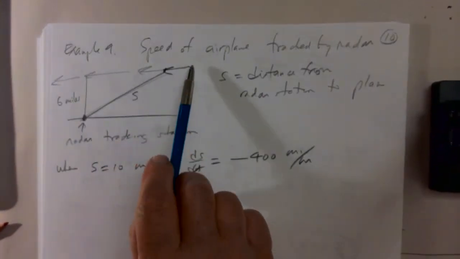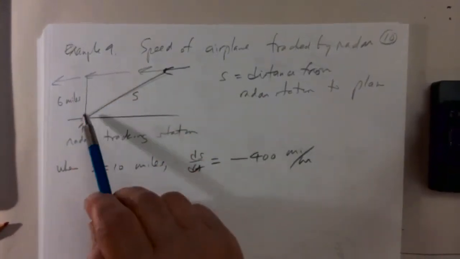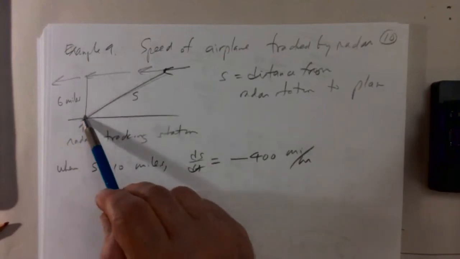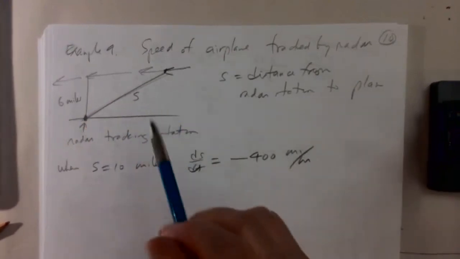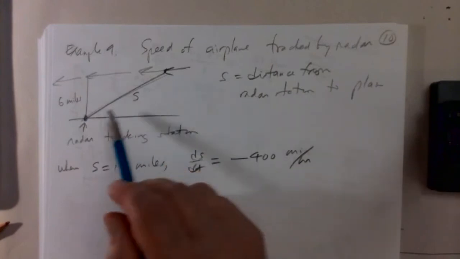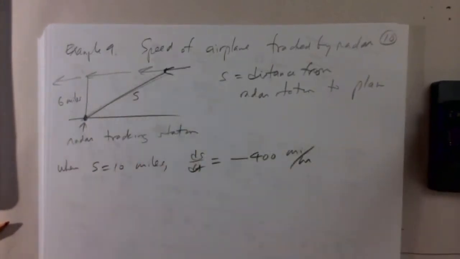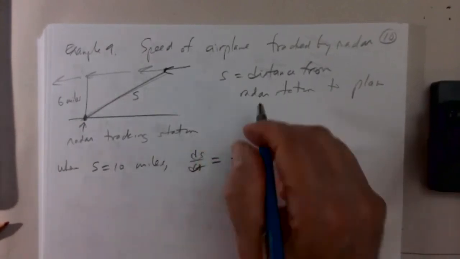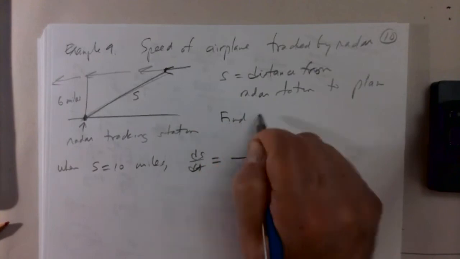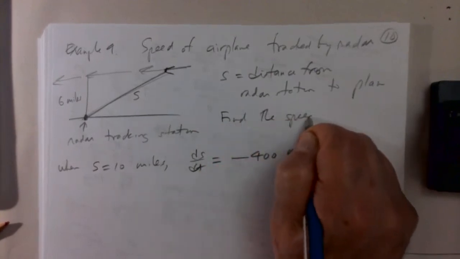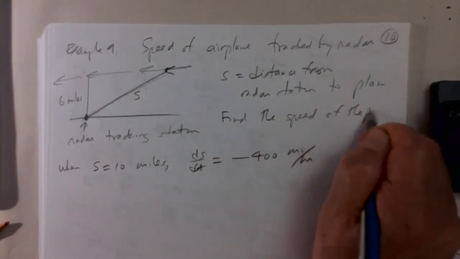All right, so the plane is flying fast in this direction, and when the distance from the radar station to the plane is 10 miles, this distance is decreasing at a rate of minus 400 miles per hour. And the question is, find the speed of the plane.